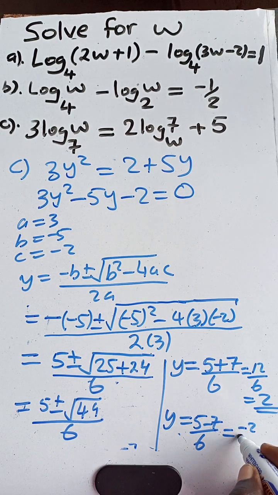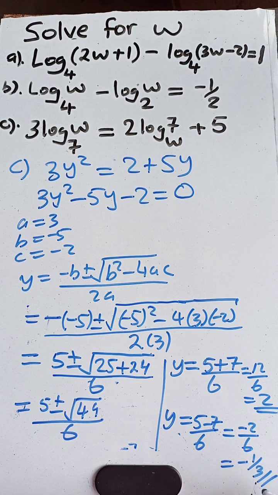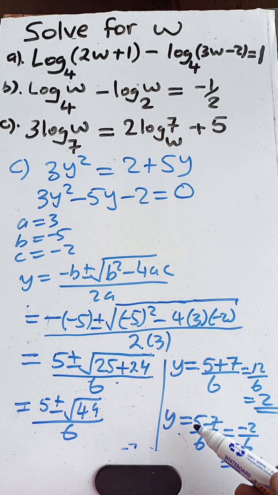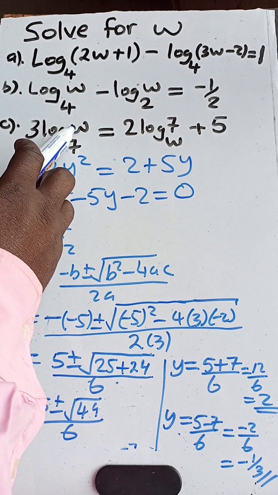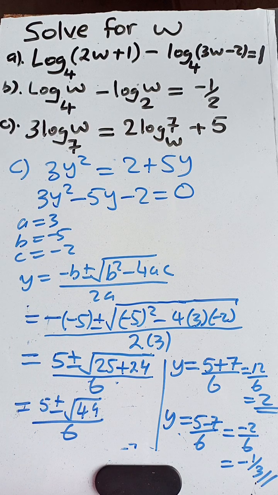This gives us negative 2 all over 6, which is negative 1/3. So we have the two values of Y as 2 and negative 1/3. Pay attention. This is not the solution to our question. Our question is asking us to solve for W.